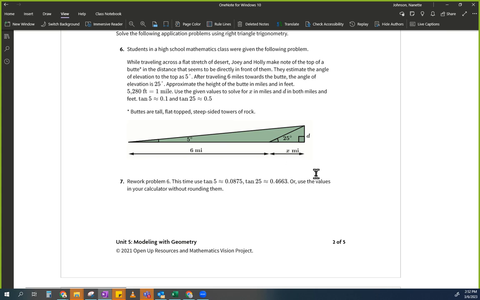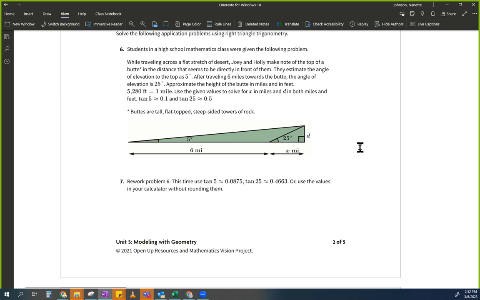Okay. And so for me, the very first thing that I would want to do is know as many equations as I can, because it looks like I'm supposed to find 2 things. I'm supposed to find X, which is this, and D, which is this.